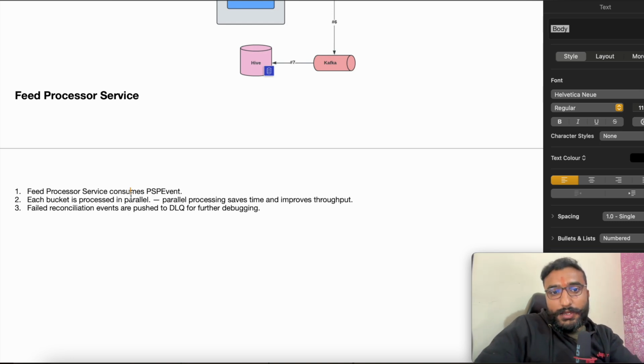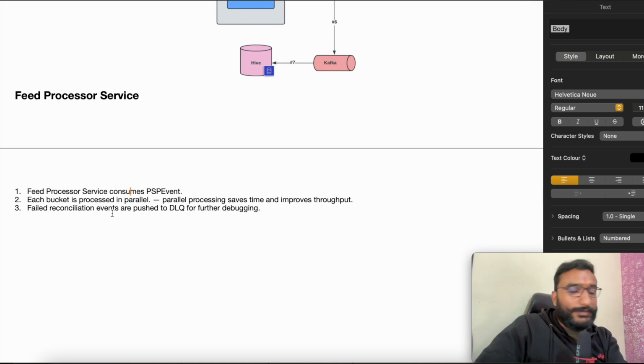Parallel processing is done, and if anything goes wrong, the events are published back to the DLQ, which is basically your dead letter queue, for further debugging, or we have an automated mechanism in place which looks into those events pushed into the DLQ.